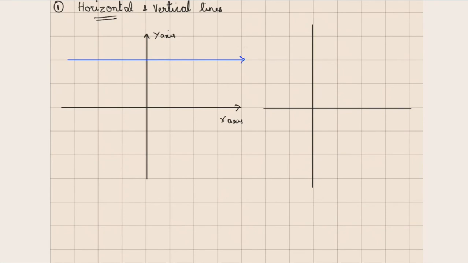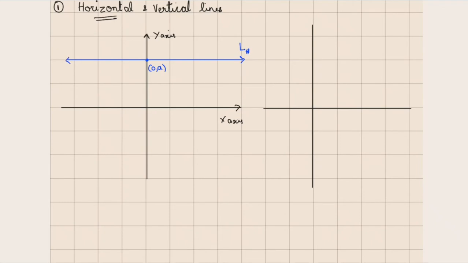Yeah, this is a horizontal line. Let's say LH is a horizontal line. So it intersects the y-axis at this point. Let's say this is 0 comma some a.